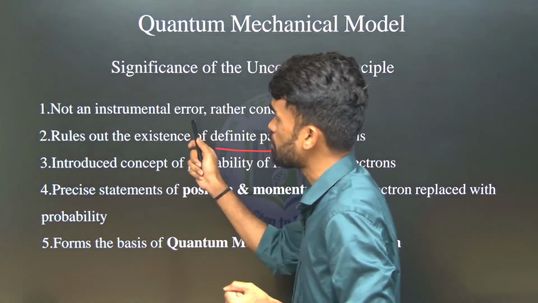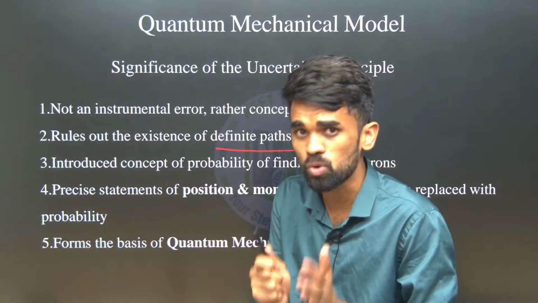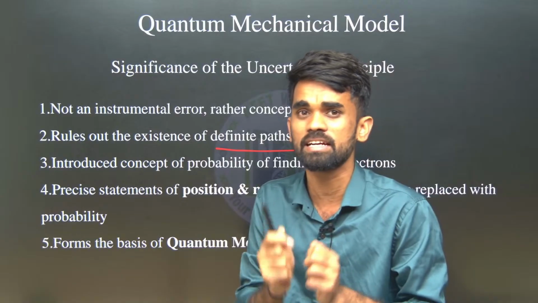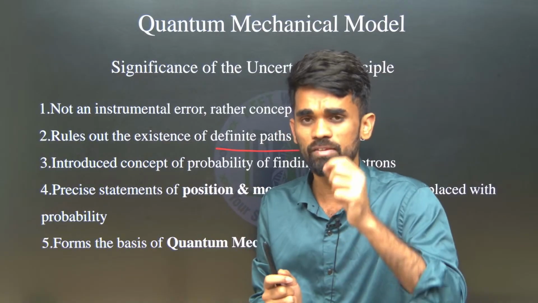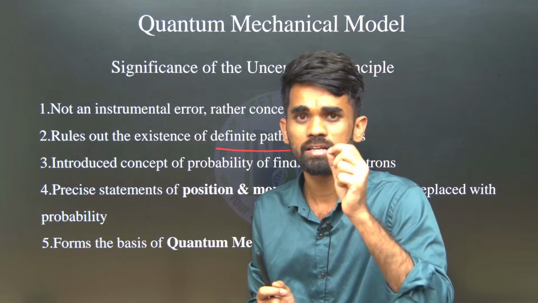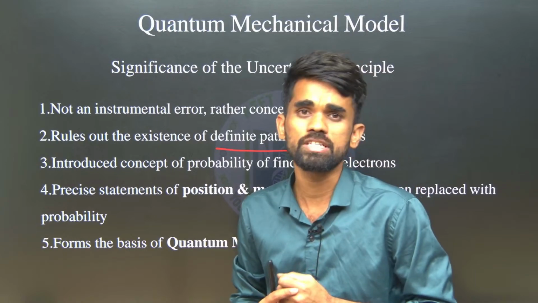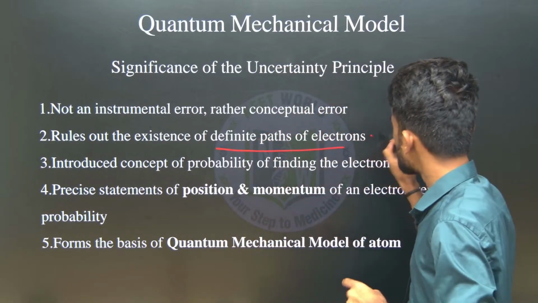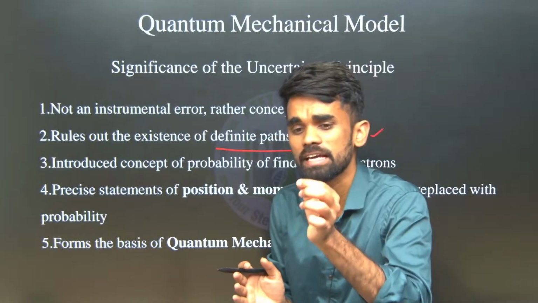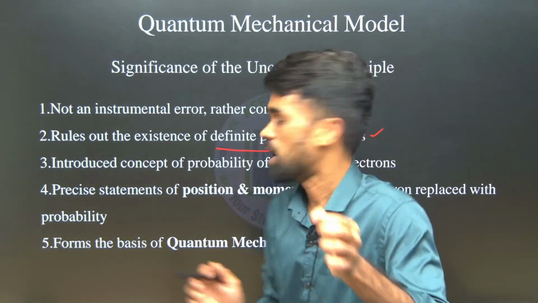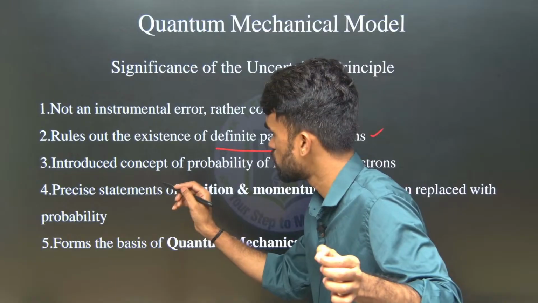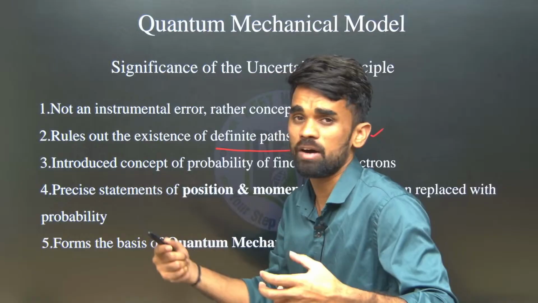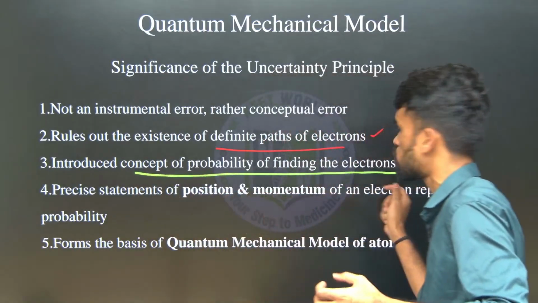The Heisenberg uncertainty principle rules out this existence of definite paths, as it says we cannot find the exact momentum, velocity or position of a moving particle simultaneously. But he gave a new statement: we can find the probability of finding an electron in a region.